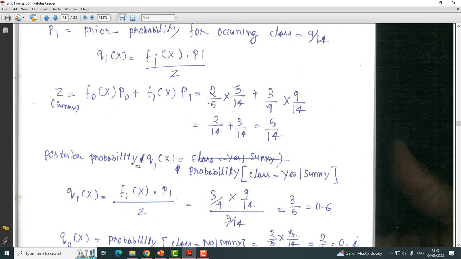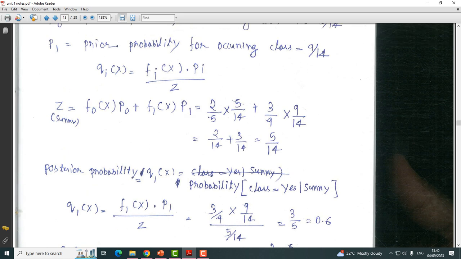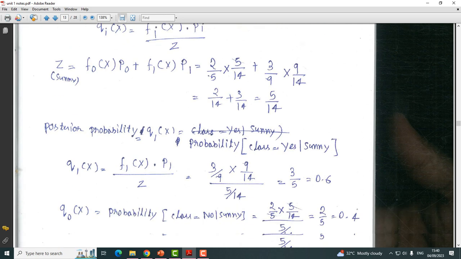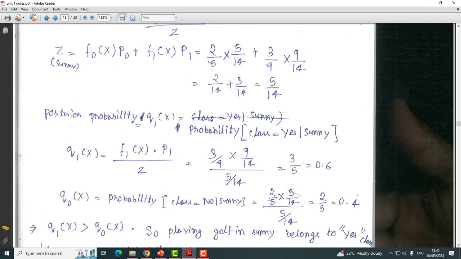Same way we find the posterior probability qi equal to fi of x p i by Z. So f1 of x is 3 by 9 into p1, 9 by 14, divided by the Z value 5 by 14. So we get the answer 0.6.